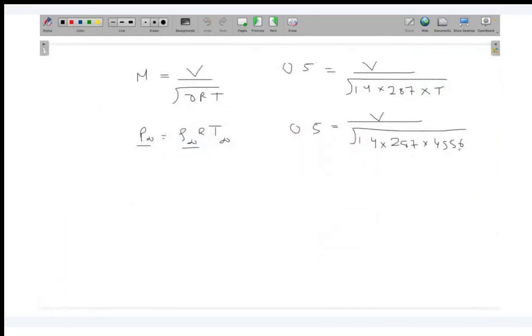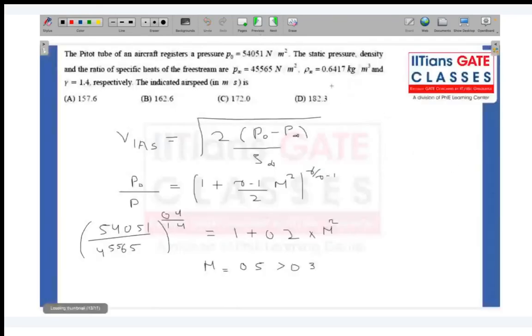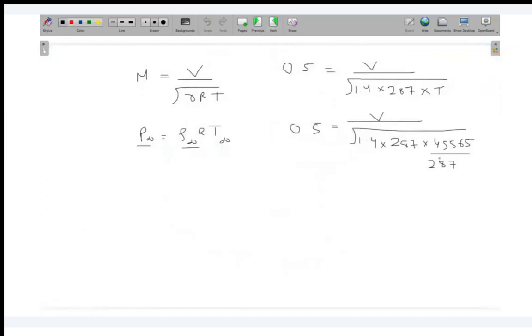Your R is 287, and your rho is given as 0.6417. All right.